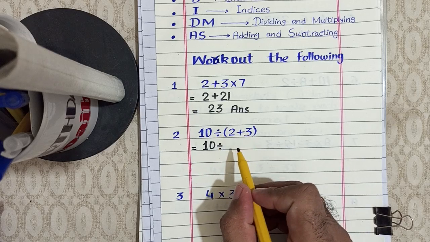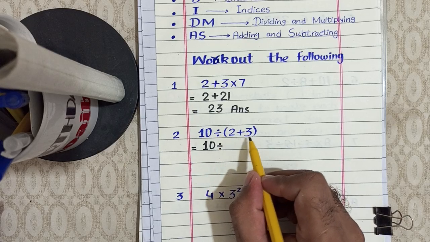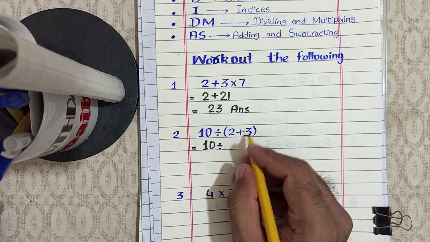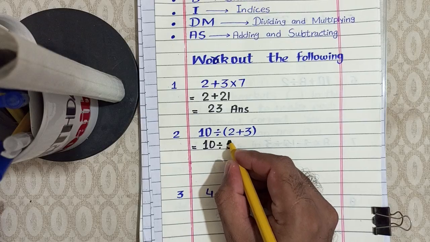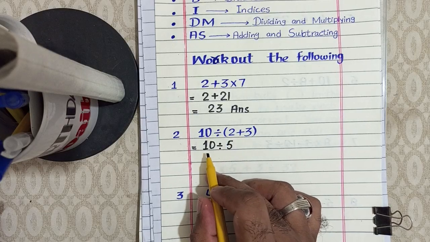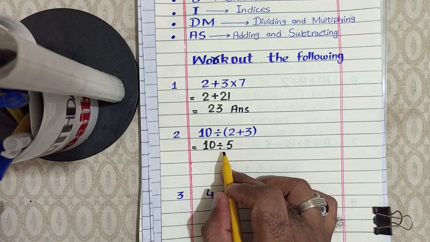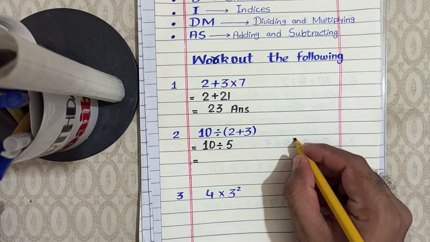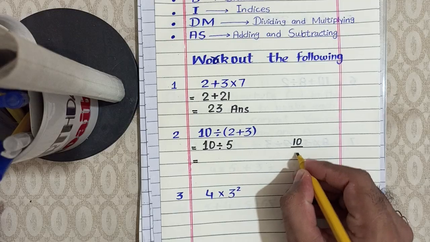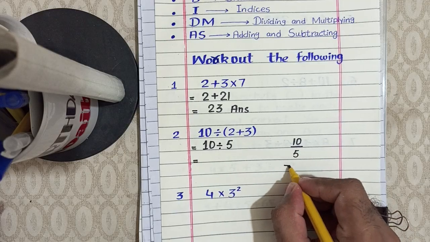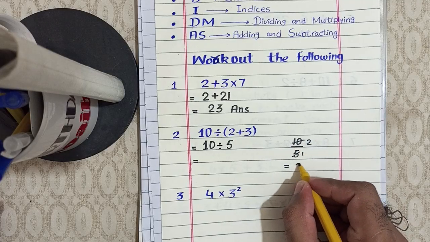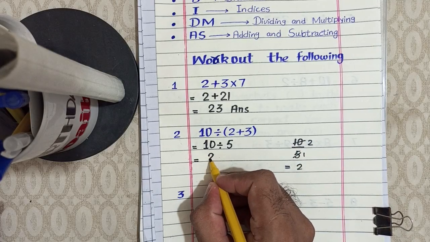In the bracket we have 2 plus 3, which is equal to 5. Now we divide 10 by 5. 5 ones are 5, 5 twos are 10. So our final answer is 2.